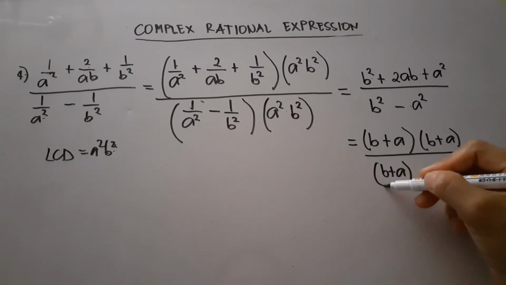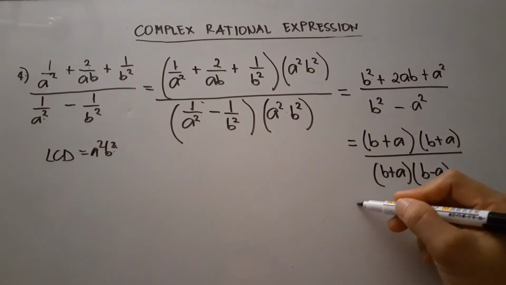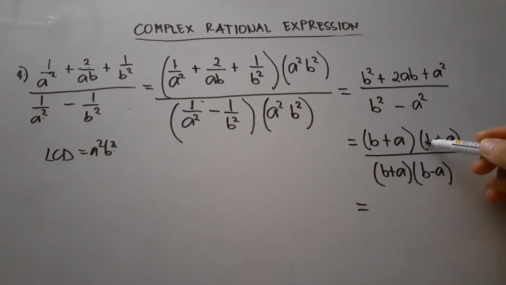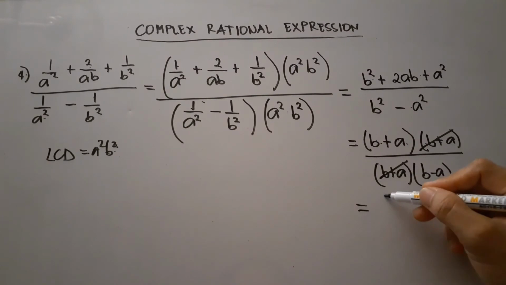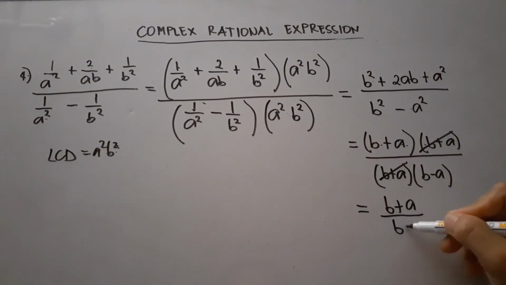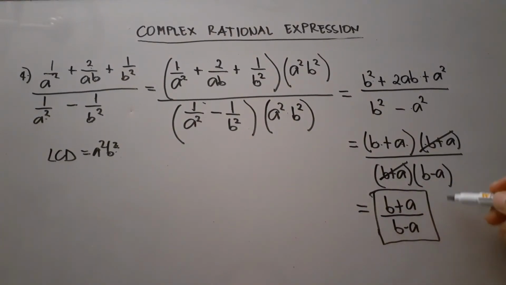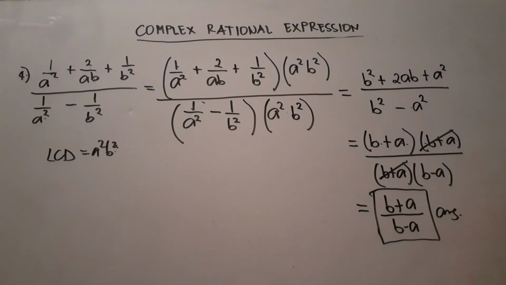And then from the denominator we can use the formula of the difference of squares. So we have b positive a and b negative a, and then we cancel out the common factor, so the remaining is b positive a over b negative a, and this is the answer.